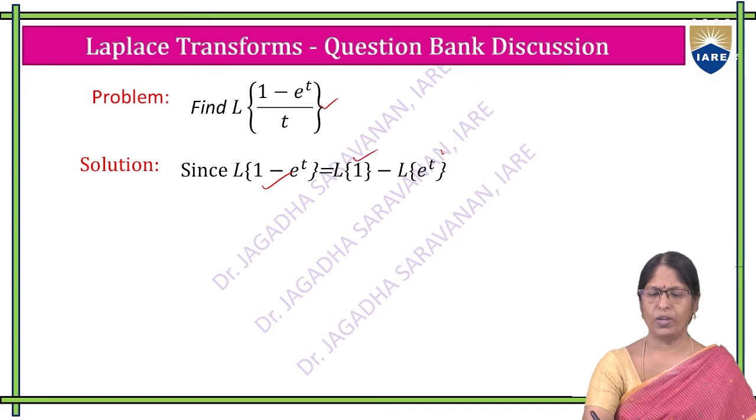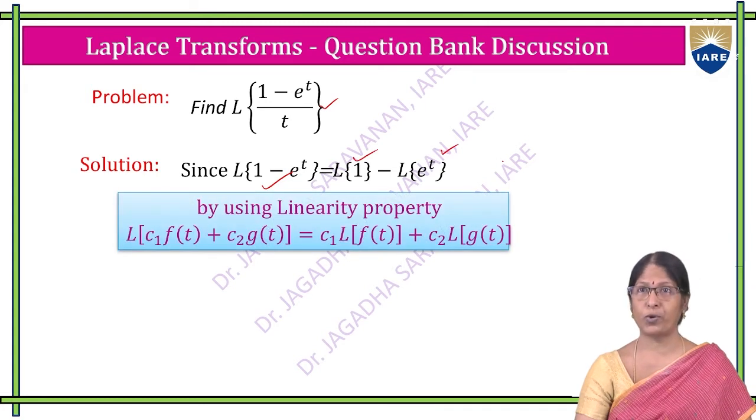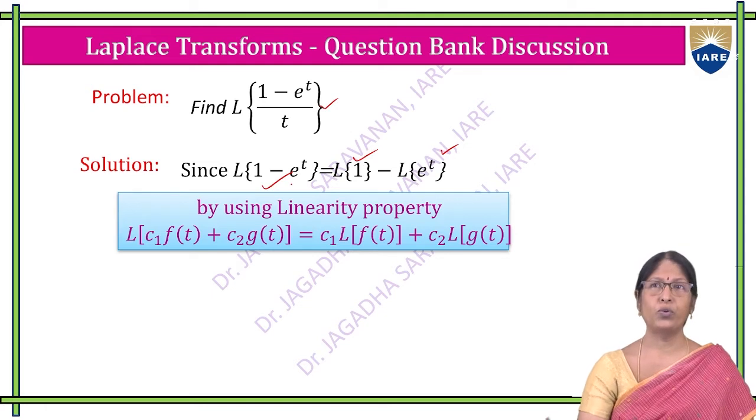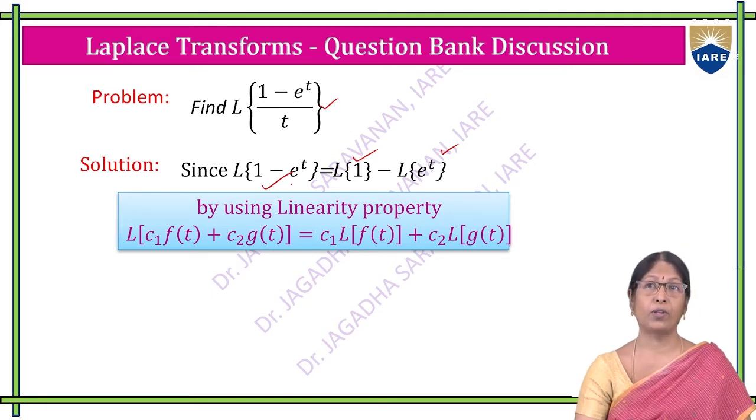Here we are using the linearity property, which plays a very, very vital role in our problem solving on Laplace transform. With that property only, Laplace of 2 terms, we are writing, separating Laplace of each term.